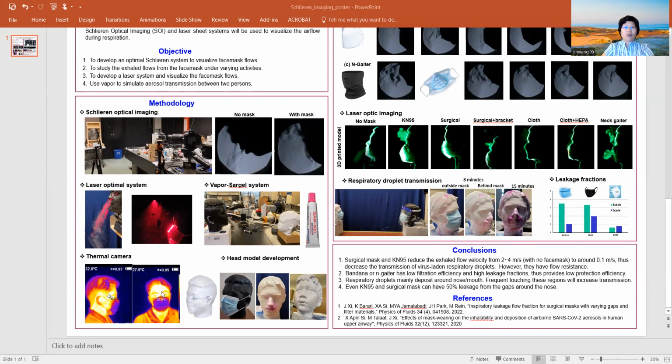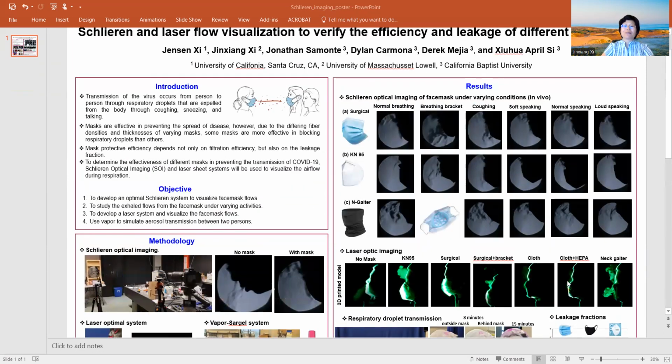We also use a thermal camera to see how much heat accumulates inside the mask, which can identify the one with the best filtration and the least leakage. Now let's look at the results.